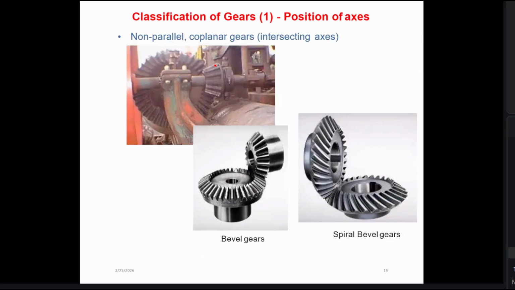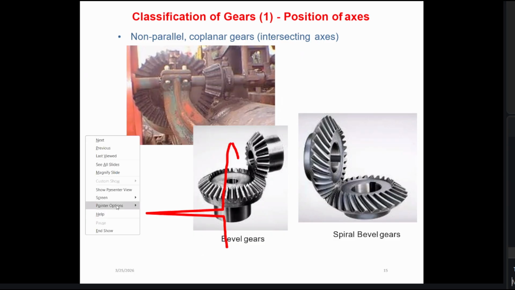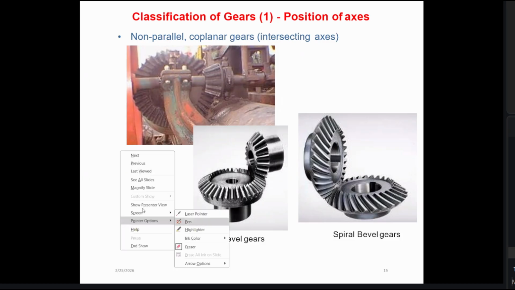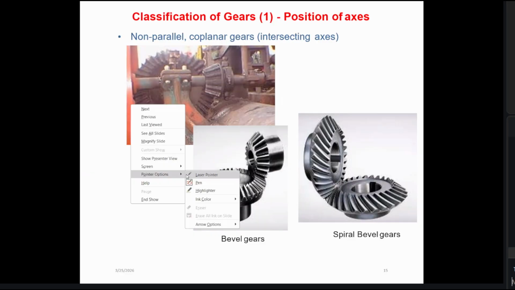And non-parallel gears, you can see that the axis of rotation is here, but there's an issue in my pointer, right? Anyway, right. So this is the axis of rotation.